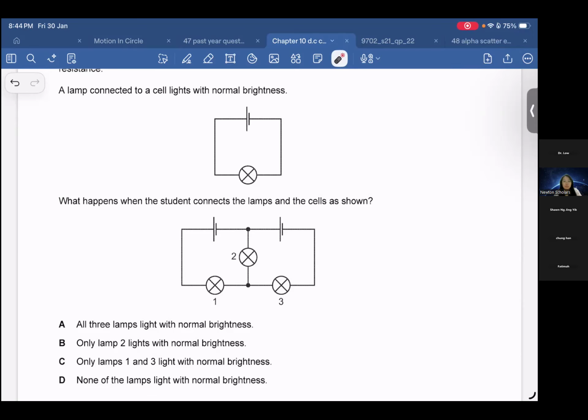Okay, boys and girls, the answer should be C. Sean's answer is correct.